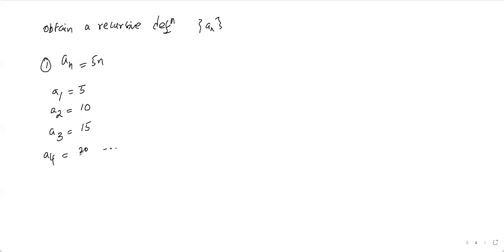Now we can write a1 as 5, and for n greater than or equal to 2, an is equal to an minus 1 plus 5. So this is the recursive definition of the given sequence.